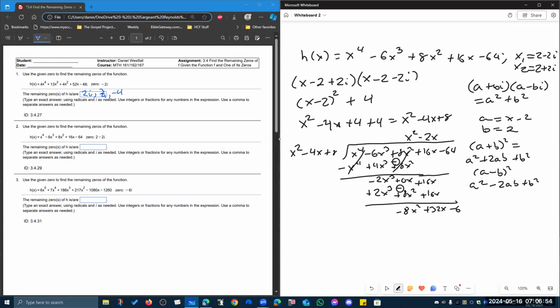And bring down my negative 64. Negative 8x squared divided by x squared is negative 8. That's negative 8x squared plus 32x minus 64. I'm going to change my signs and add and get 0.